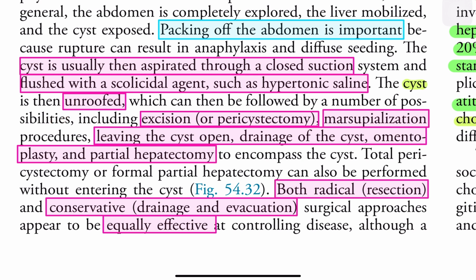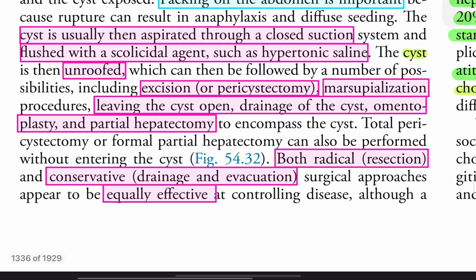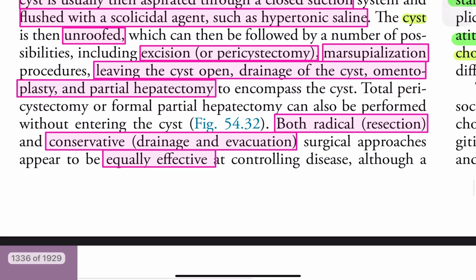If you do excision, it is known as pericystectomy, or you can do marsupialization, leaving the cyst open, drainage of the cyst, omentoplasty and partial hepatectomy. Both radical resection and conservative drainage and evacuation appear to be equally effective. Radical means resection, and conservative means drainage and evacuation.